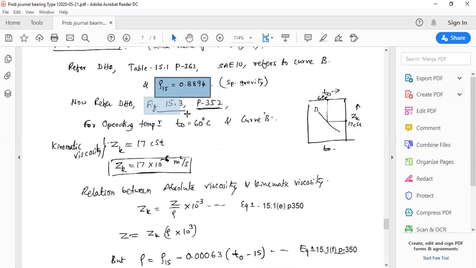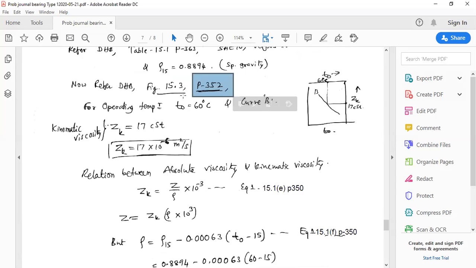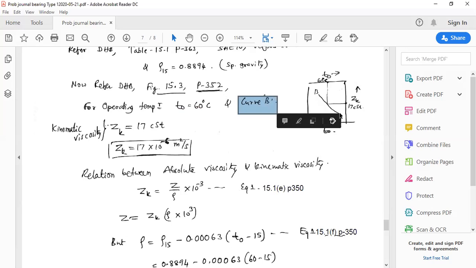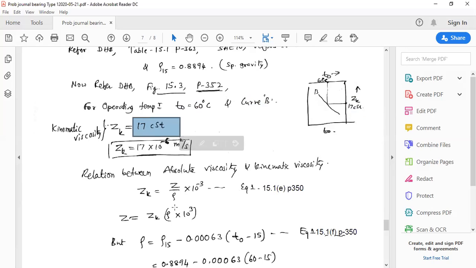Next we have to refer to figure number 15.3, page number 352, and the operating temperature is 60 degrees centigrade. With respect to curve B, we get the value of Zk, that is kinematic viscosity in centistoke, 17 centistoke here, and that is to be converted into meter square per second by multiplying the obtained value by 10 raised to minus 6.